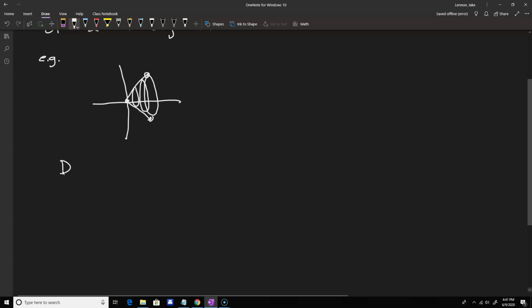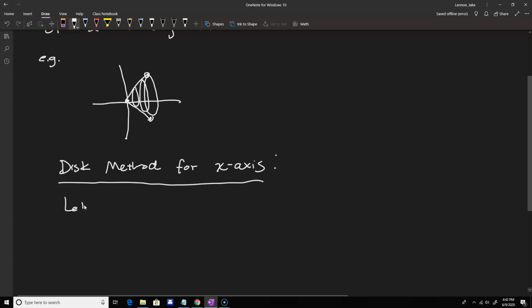We can change things around for the y-axis like we saw when we were integrating regions between curves, but we'll just write this here for the x-axis. You can appropriately switch around the variables and rotate around the y-axis as well, and we'll look at some examples there.